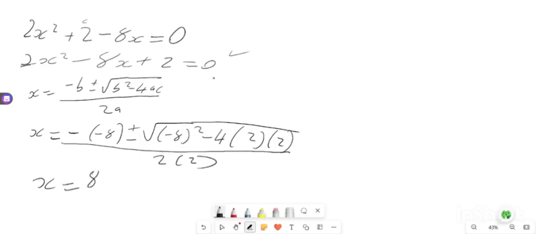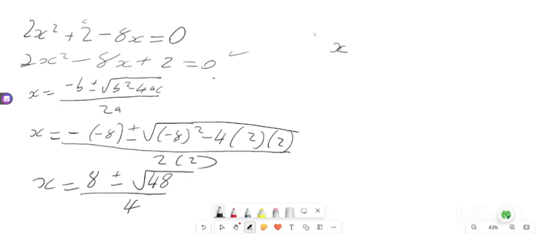This times this gives positive 8 plus or minus. Then we calculate minus 8 squared minus 4 times 2 times 2, which gives 48. If the number under the square root is negative, you mixed up some sign, or there's a maths error. The number under the square root must be positive. Divide by 4.